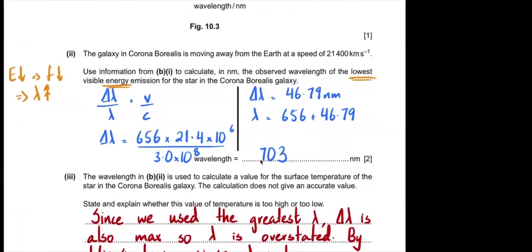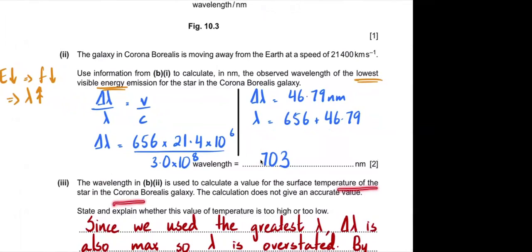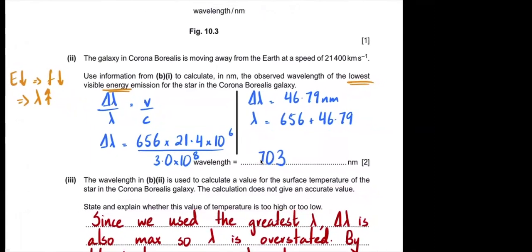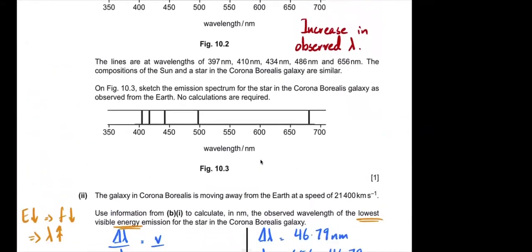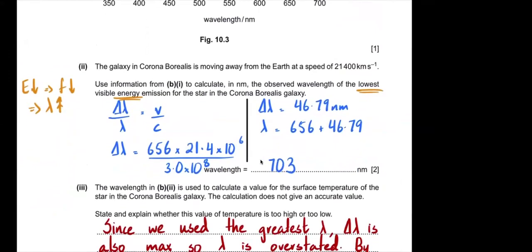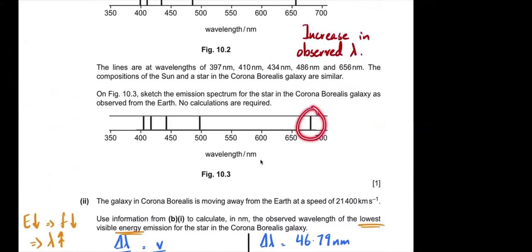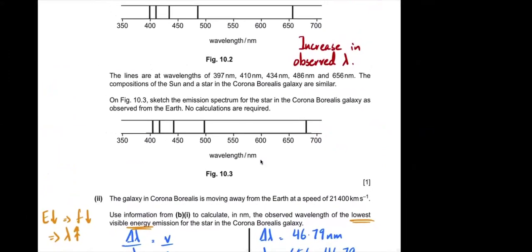This wavelength is used to calculate a value for the surface temperature of the star. The calculation does not give an accurate value. State and explain whether this value of the temperature is too high or too low. So you just saw that we did not actually use the right wavelength here. For this, you use the max intensity radiation, right? But instead of using the wavelength corresponding to the max intensity, I just used the maximum wavelength. This is wrong.